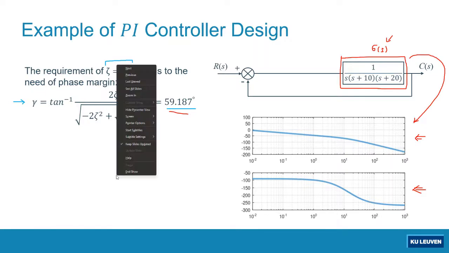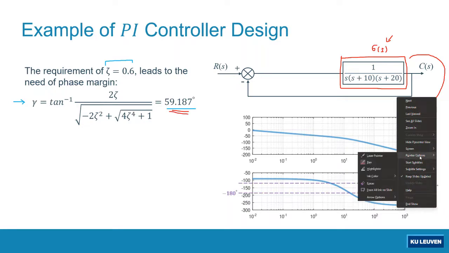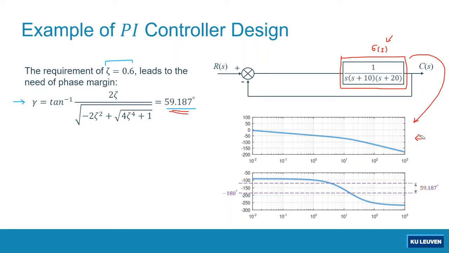We will have a phase margin equal to 59.187 only if, let me erase this again, please bear with me, I'm using my mouse, only if the phase margin frequency is at this frequency.